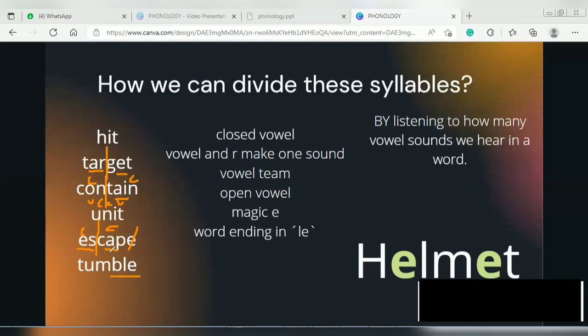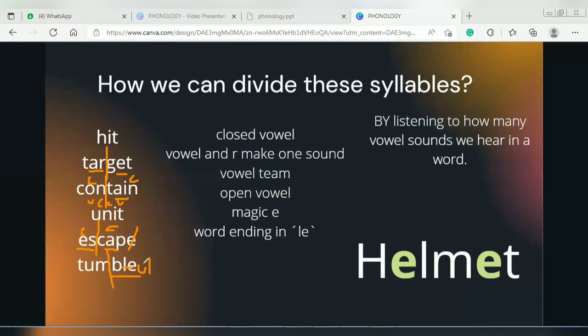This doesn't separate from the E, because the pronunciation of this together is O. For example, tumble, tumble. Tumble, tumble.